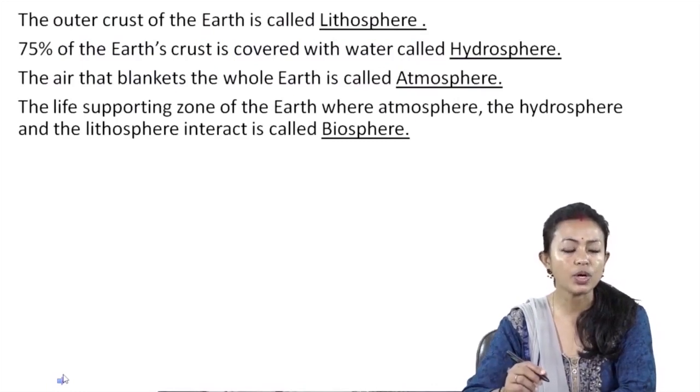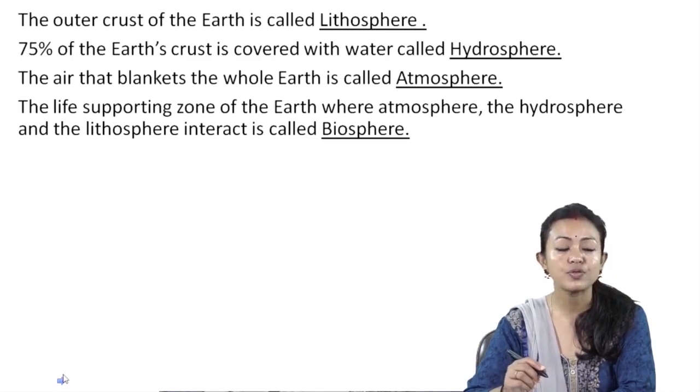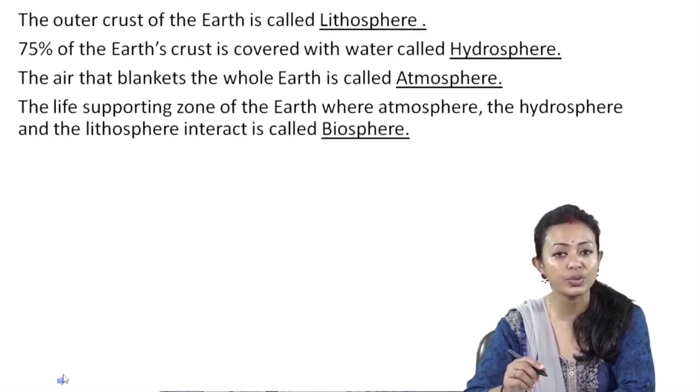Now the moment we talk about the planet Earth, it is one of the most unique planets that exists in the universe. The quest of mankind has always been to find out whether life exists on any other planet or heavenly body other than Earth. Why is Earth so important and so unique?